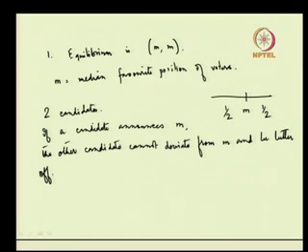And the reason is very simple. If someone is announcing M, suppose player 1 is announcing M, if 2 is announcing somewhere here as his policy, then all these voters, this is the halfway mark between this position and this position, all these voters will vote for 2 and all these voters will vote for 1. But these voters are more in number than these voters. So 1 will win here if 2 announces something to the left of M.